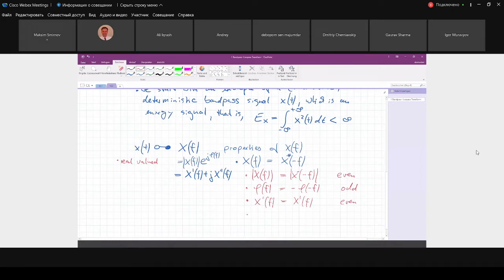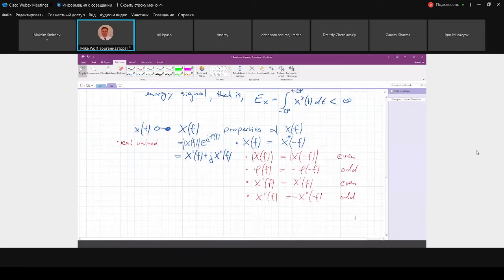And the imaginary part is an odd function, as the phase is an odd function, always assuming real-valued original signals in the time domain. This is quite simple. Now, proceed. Now we draw a figure of this Fourier transform, the spectrum of our original energy signal x of t.